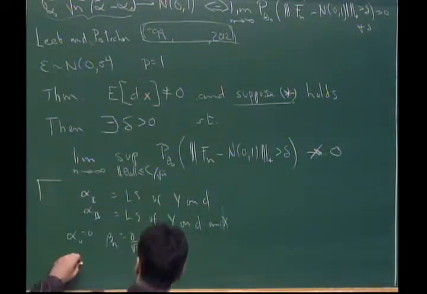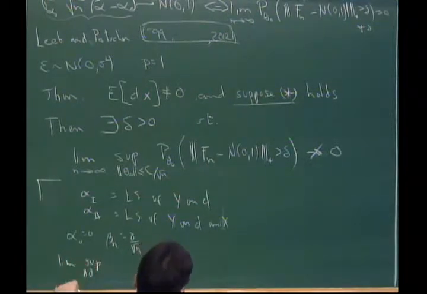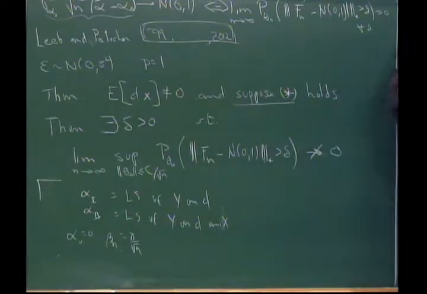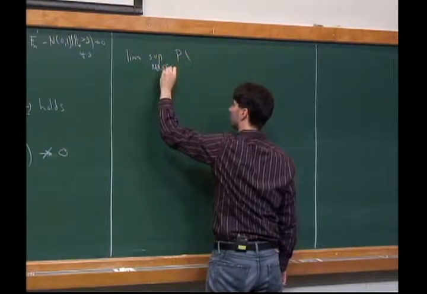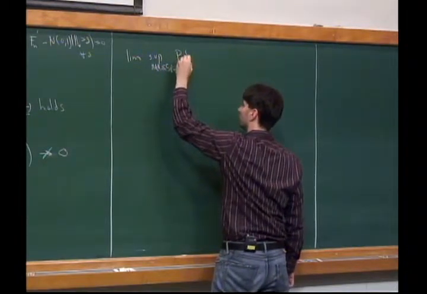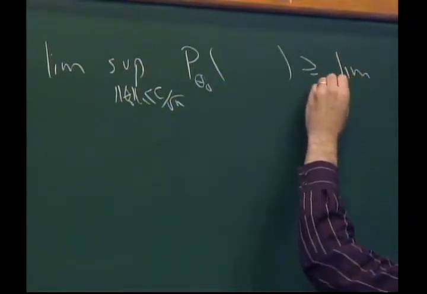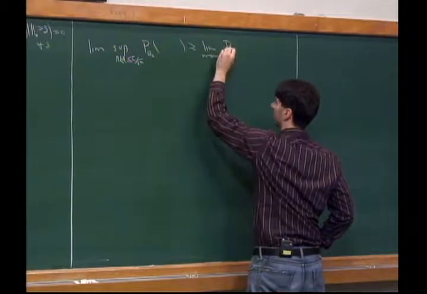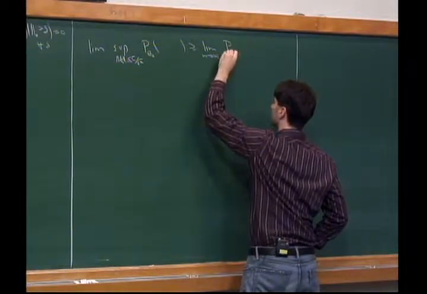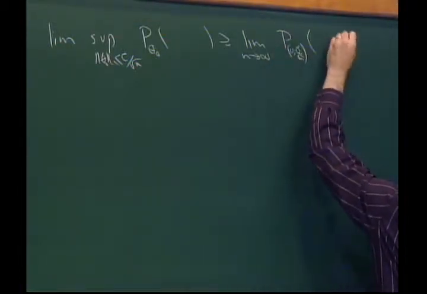So if you look at the limit of the sup, so let's do the other side, limit of the sup over theta with norm equal to c, of the probability under theta naught of that expression, this is at least the limit as n goes to infinity over the sequence I specified, 0 and gamma over root n, of the same quantity.